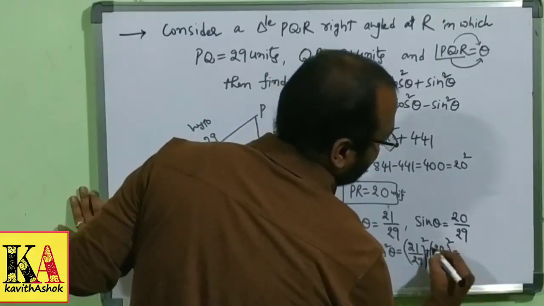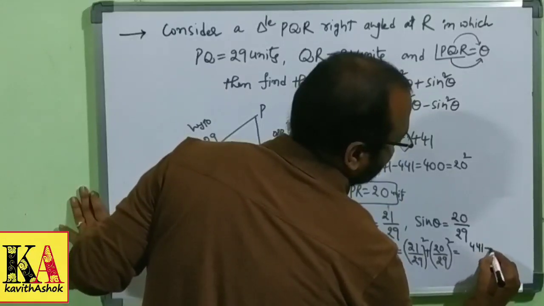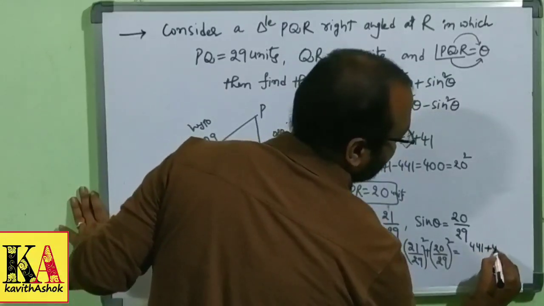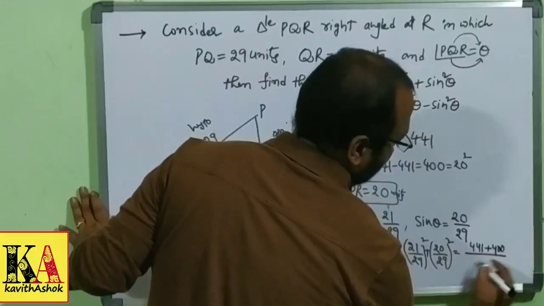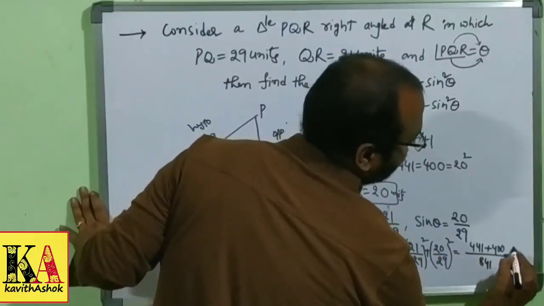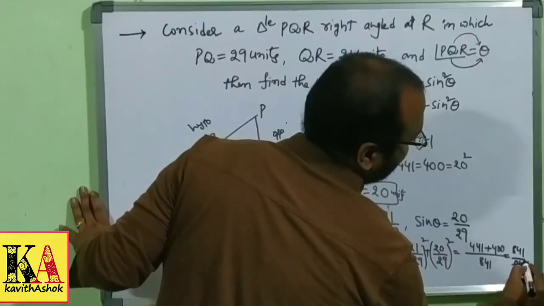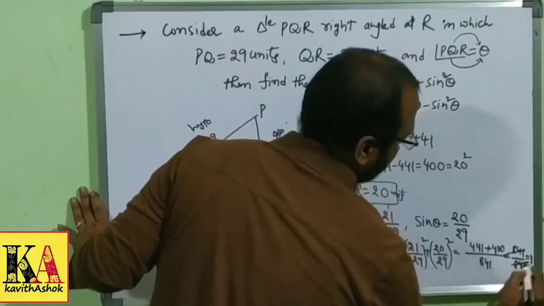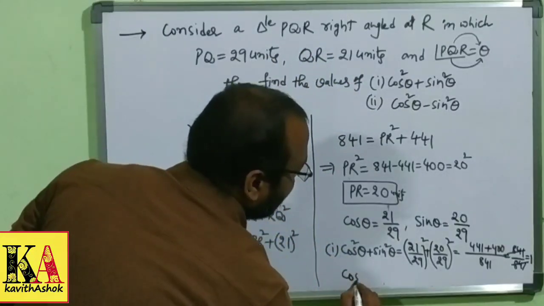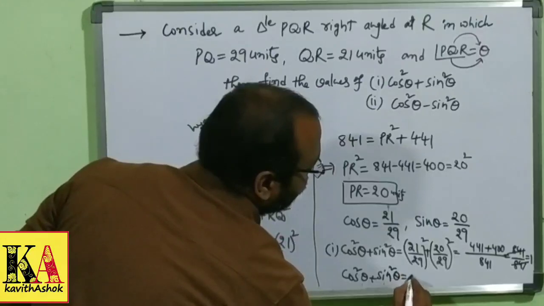So 21 square is nothing but 441, plus 20 square is nothing but 400. 29 square is nothing but 841. So 841 by 841, simply 841 cancels. So cos square theta plus sin square theta is equal to 1.